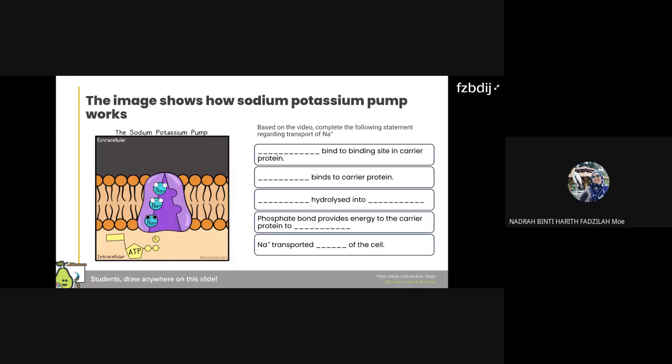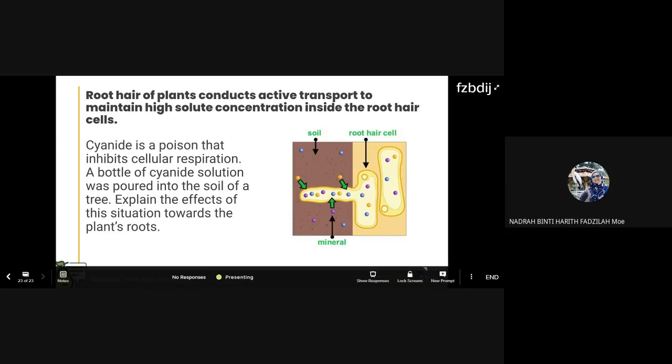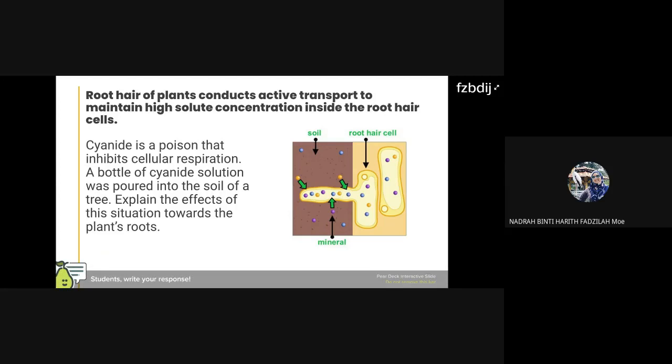Okay ya. So, next class kita akan bincang soalan ni iaitu kesan cyanide terhadap active transport in root hair cell. This part we will discuss during our next class. So, in case nanti bila kamu nampak notes nanti, kamu perasan soalan ni kan? Soalan ni saya bawa untuk next class.